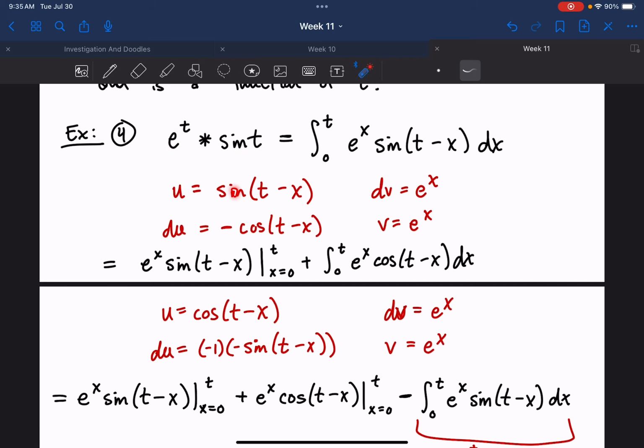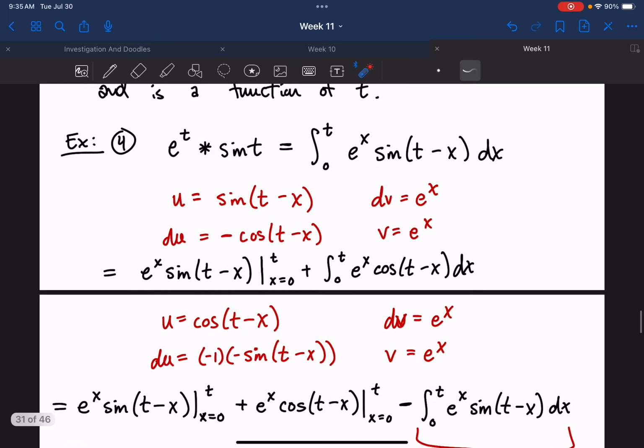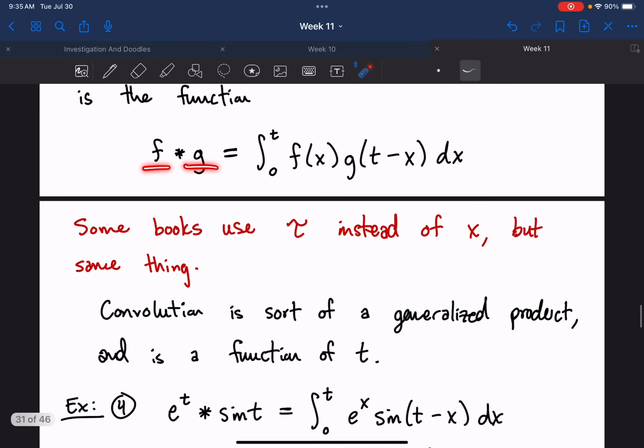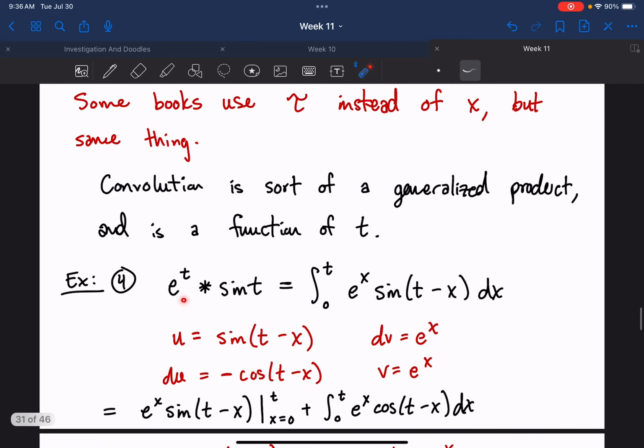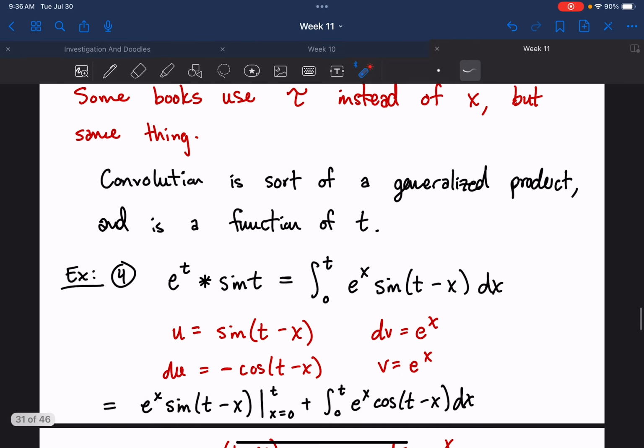By definition, f star g is the integral from 0 to t, f of x, g of t minus x. So these are both functions of t, but now we're going to make this be a function of x and this be a function of t minus x.